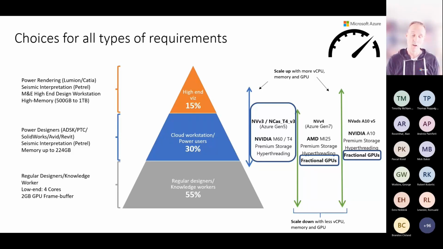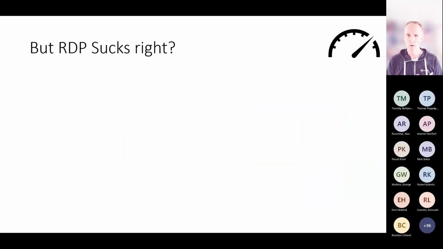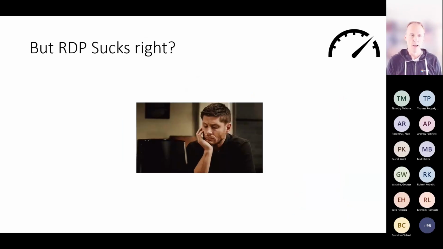Then, of course, the other part, very importantly, in the case of AVD, is the display protocol, right? The remote display protocol. I forgot to say this in the intro, but I've been working in the RDS space for a while, 20 years or more, sometimes longer than I expect.